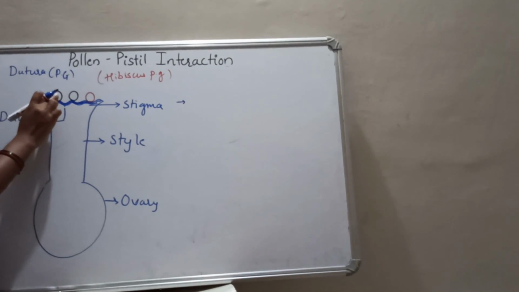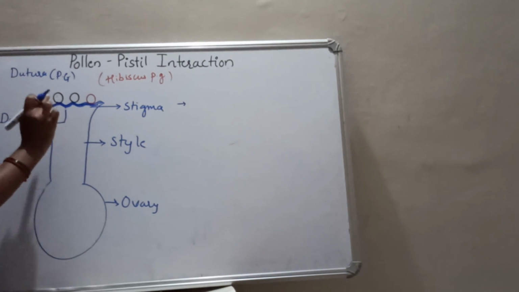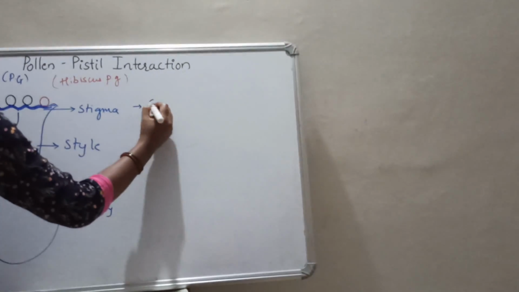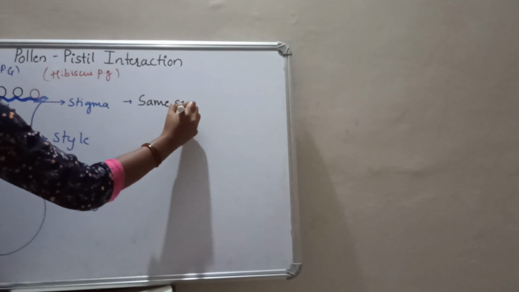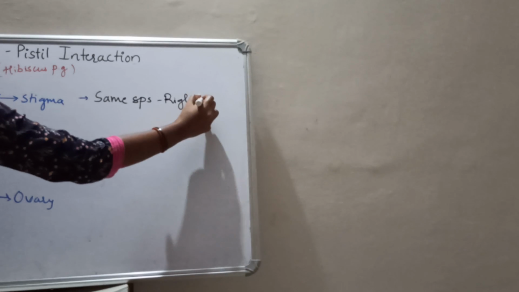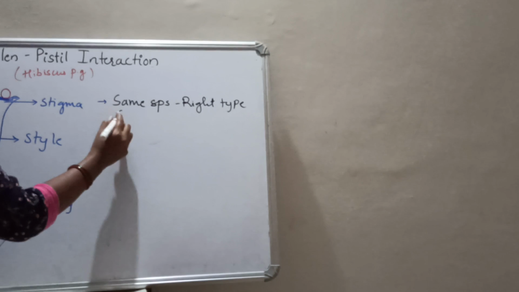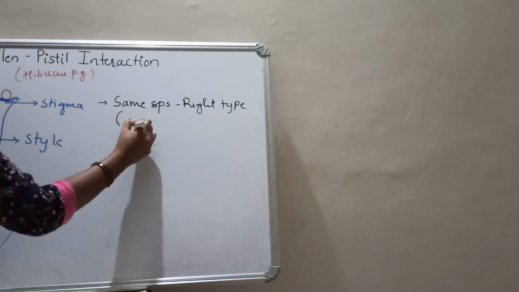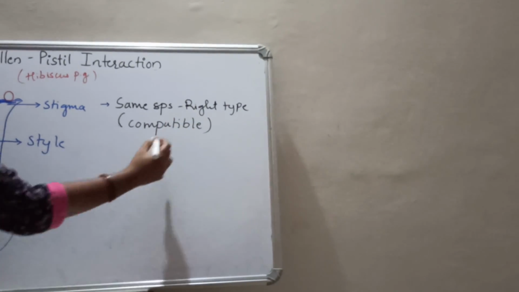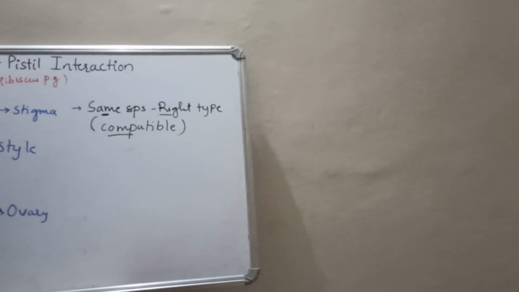The same species pollen grain is the right type of pollen grain, and it is also called a compatible pollen grain. Right type means compatible pollen grain, meaning the same species pollen grain.